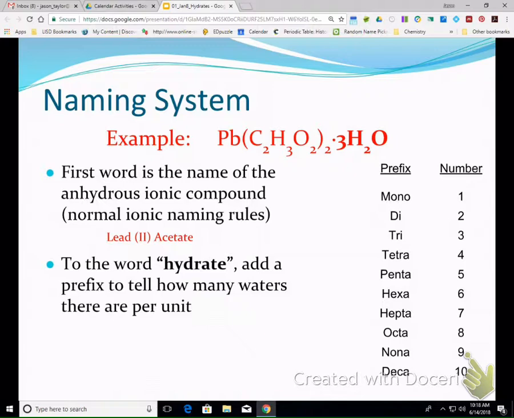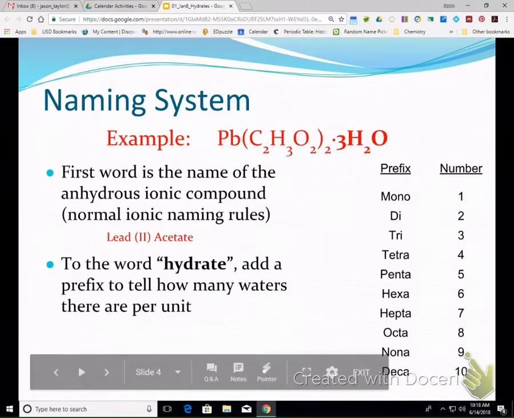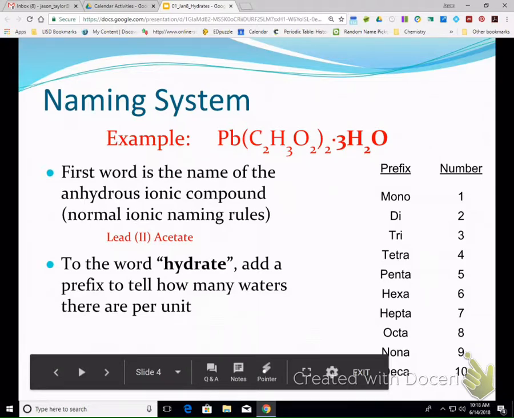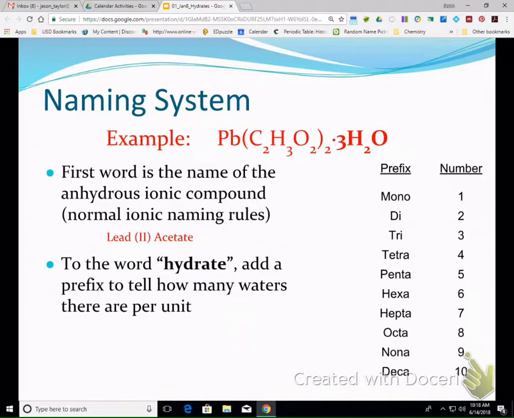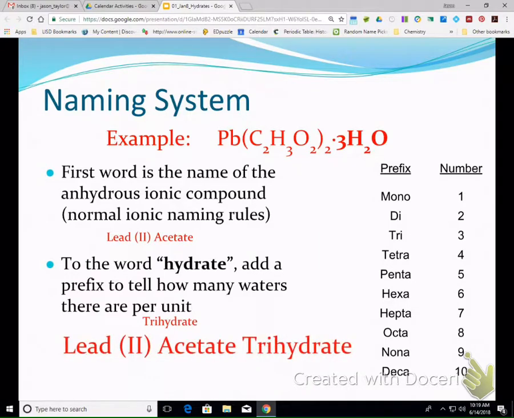Hydrate, you know, when many of you hear that word, you think of water anyway. So that's how we do it. And what we're going to do is put a prefix in front of hydrate to just say how many waters there are. 3 is tri, so we're going to have a trihydrate here. To finally put everything together, the full name of this hydrated compound is called lead 2 acetate trihydrate.